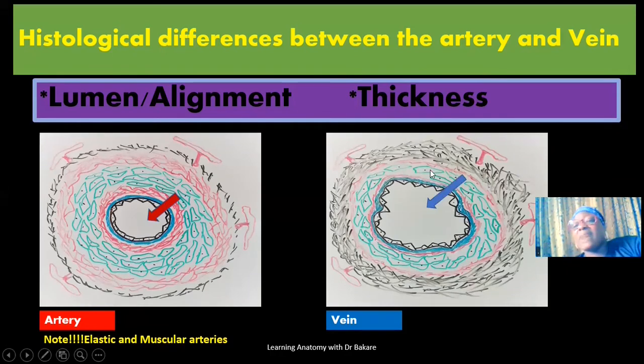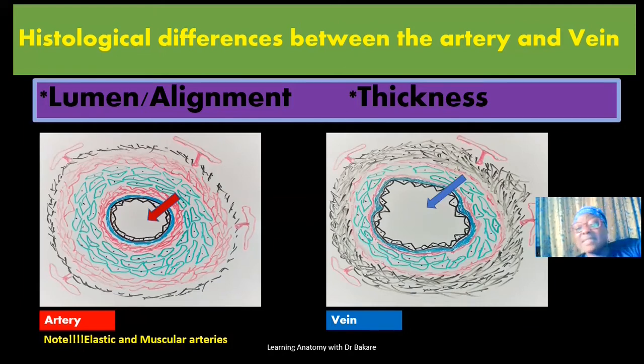And that is why we have the collapse of the lumen of the veins. And you see that they are not well aligned here. And this can be used to justify the collapsed nature or presentation of the lumen of the vein, because the tunica media in the vein is not as thick as what is presented in the artery. So there is no form of structural support that is given to the lumen for it to be well aligned. So it is seen to be collapsed.